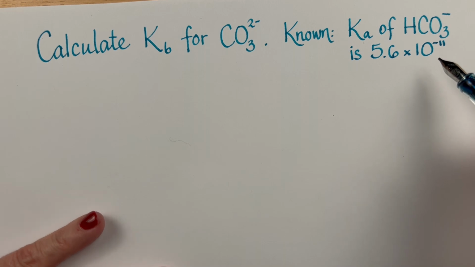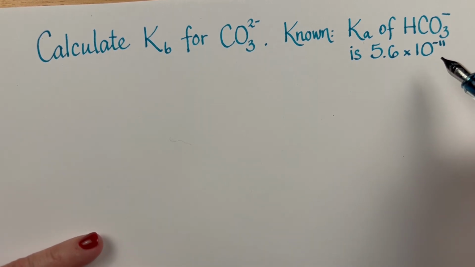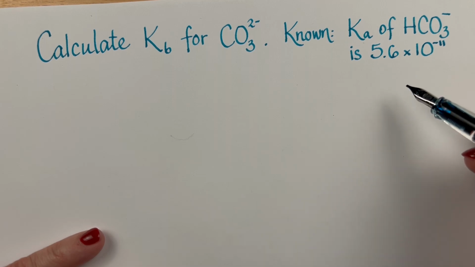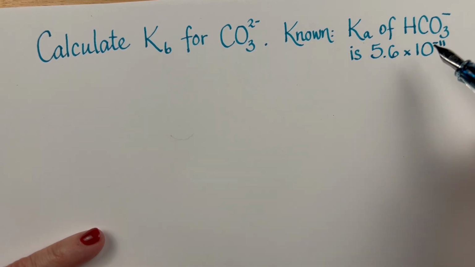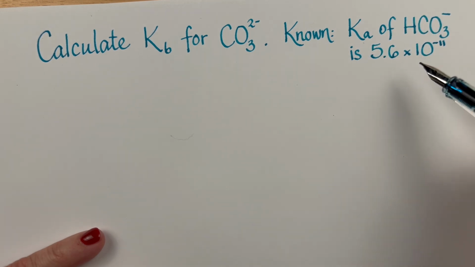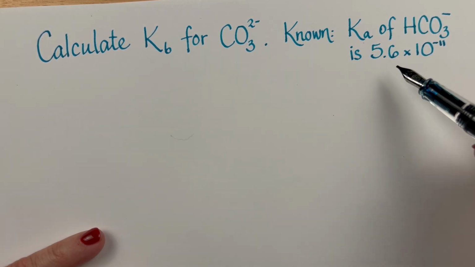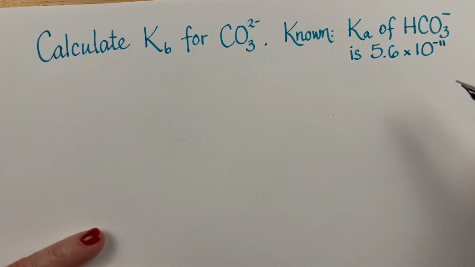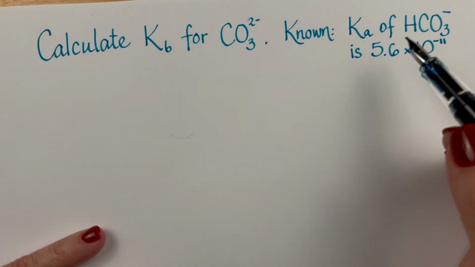One thing I wanted to let you know is that sometimes you look in different textbooks or different sources with tables of Ka values, and they can vary slightly. So just wanted to give you the heads up. Okay.